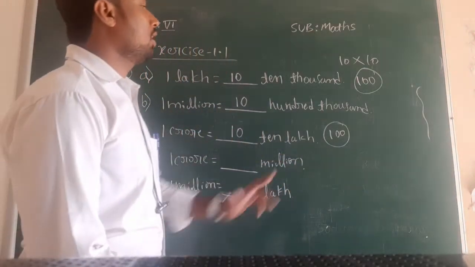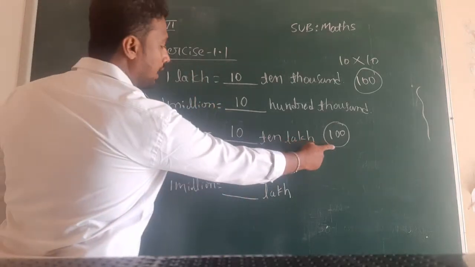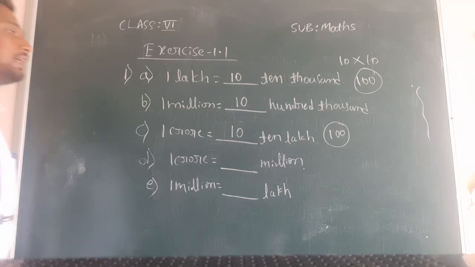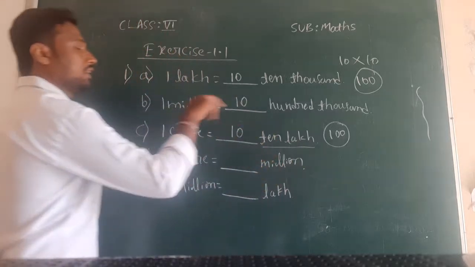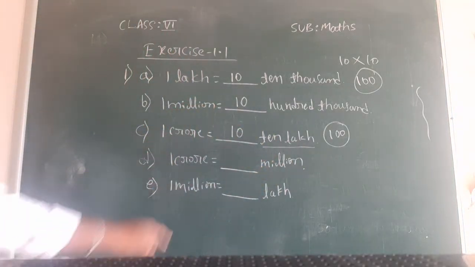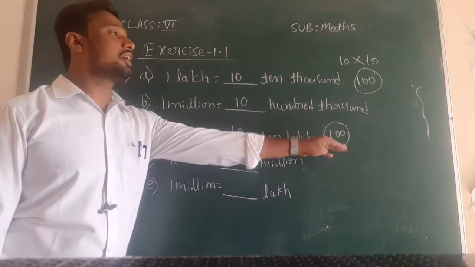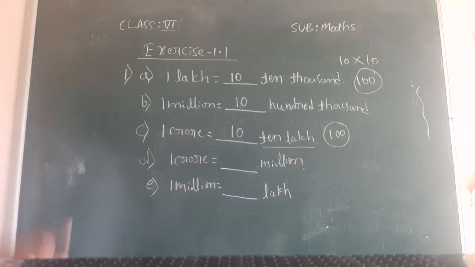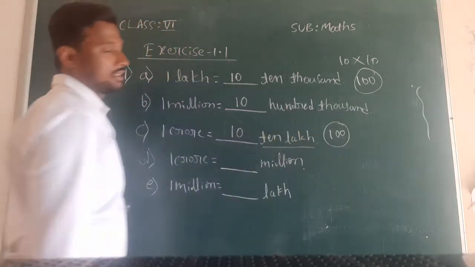So how many 10 lakhs do we need to get 1 crore? 10 into 10 is 100, so you get 100 lakhs, and 100 lakhs means 1 crore. Therefore remember that 1 crore equals 10 lakhs.